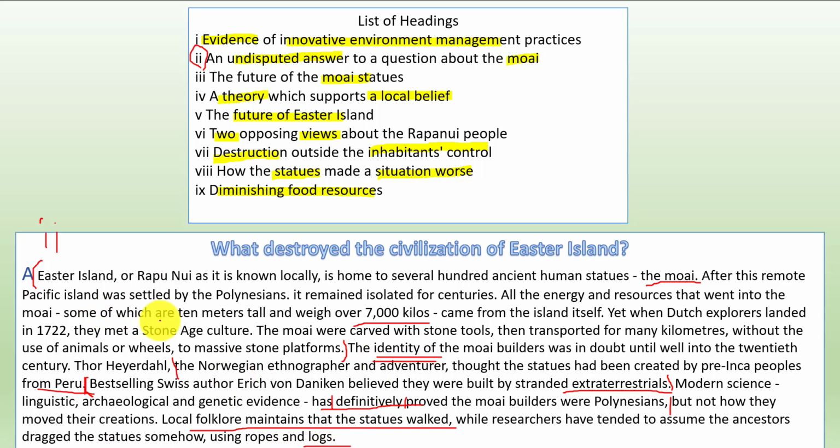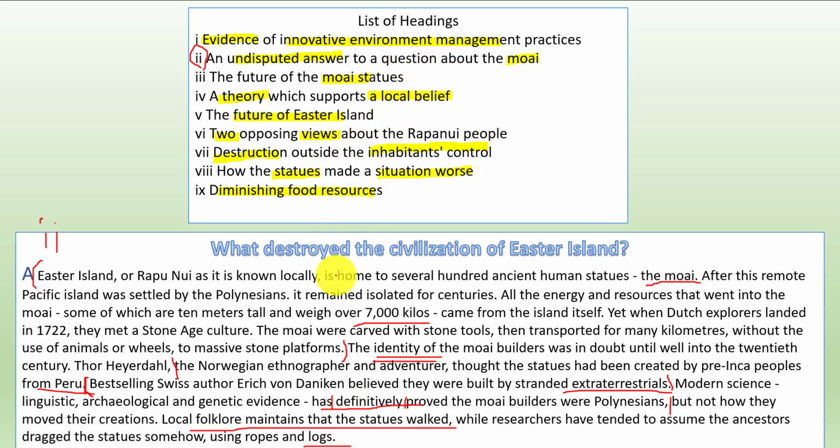Okay, as you see, an undisputed answer to a question about the Moai is just in this part of the paragraph, and even it can't be taken as a title for this paragraph. It is based on people's opinions, but it is more like for certain information and specific details in the paragraphs, and here word definitely plays a decisive role in answering this question.